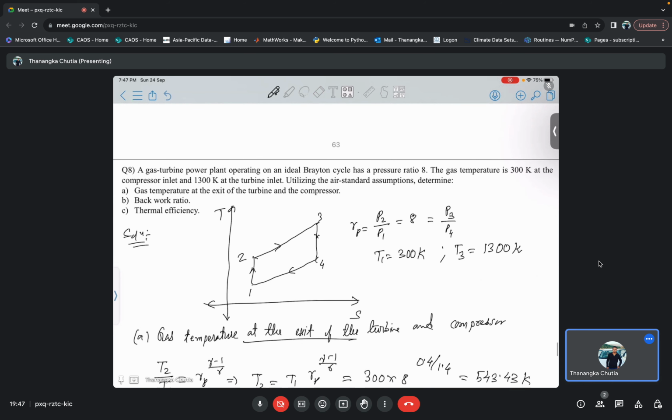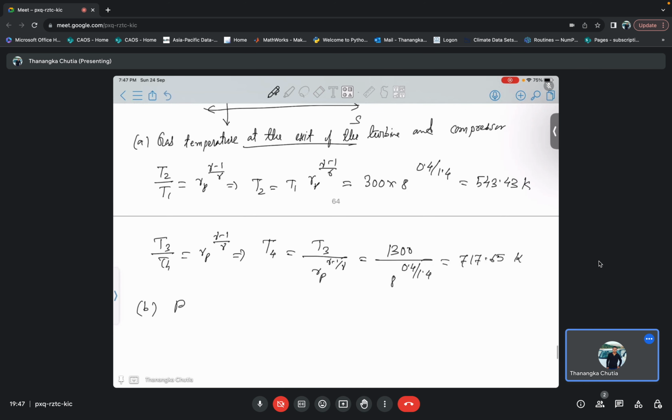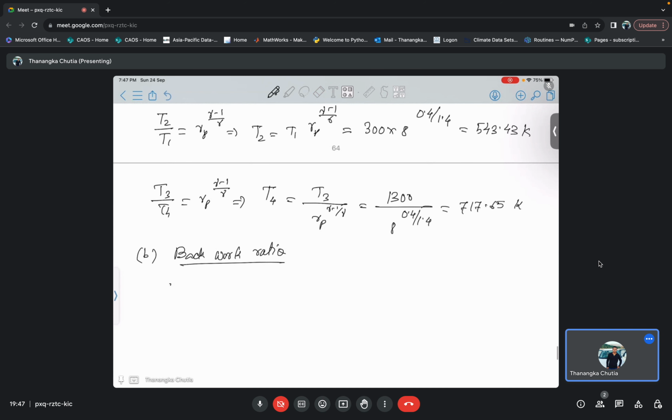Next is the back work ratio. That is WC divided by WT. WC is m Cp (T2 minus T1), and WT is m Cp (T3 minus T4).